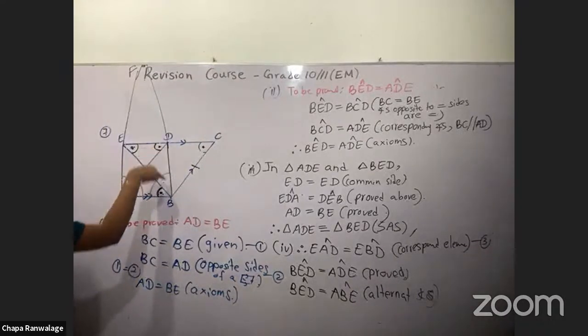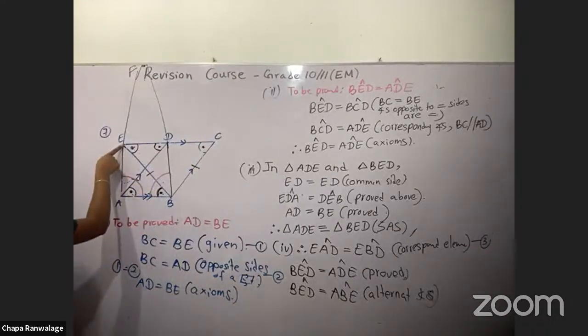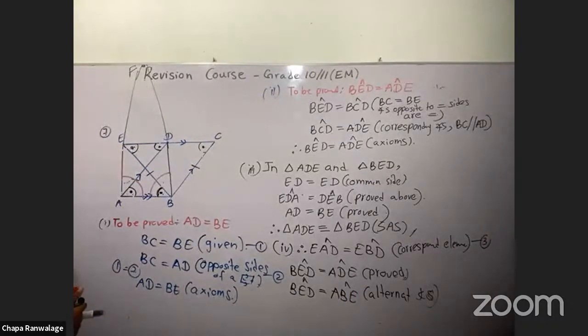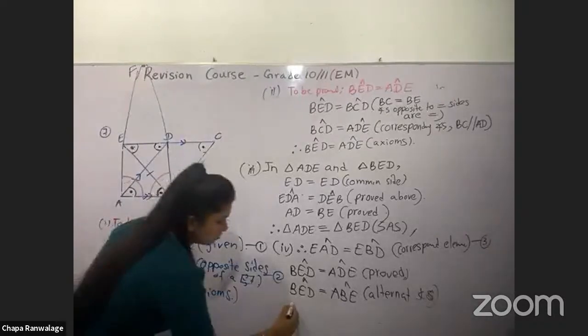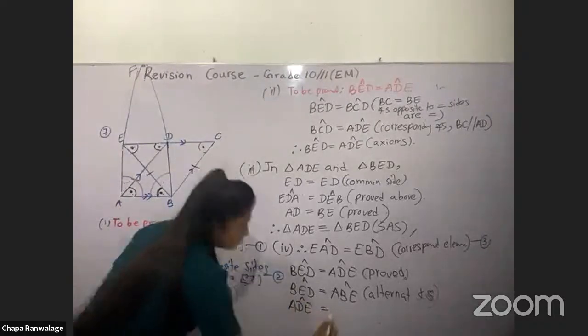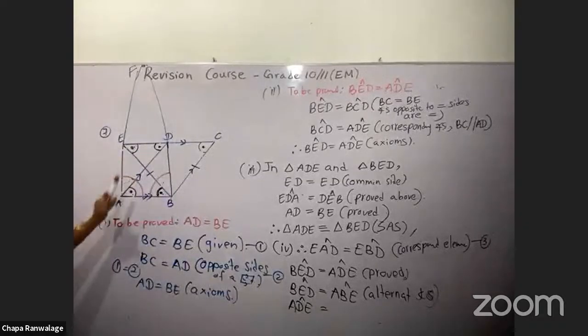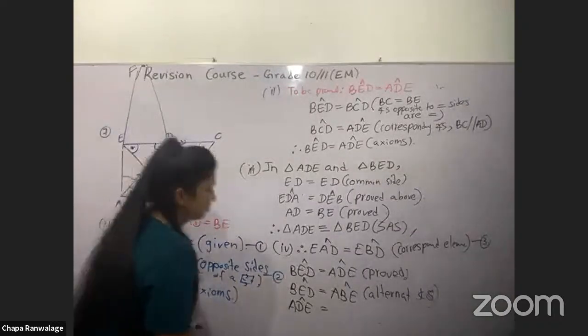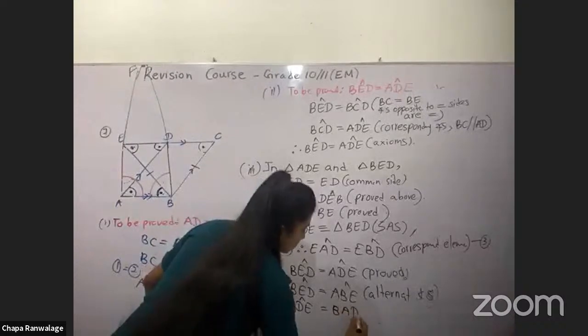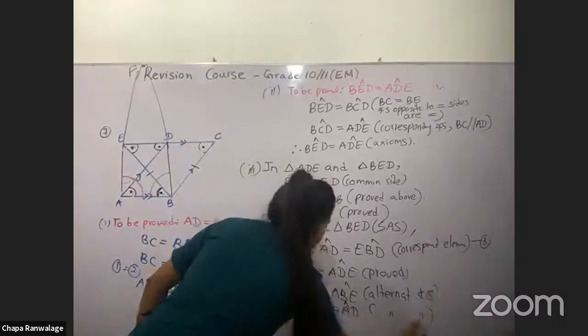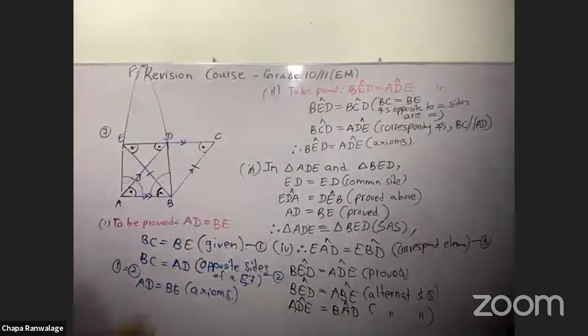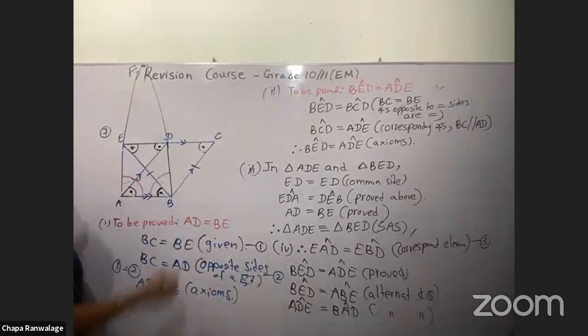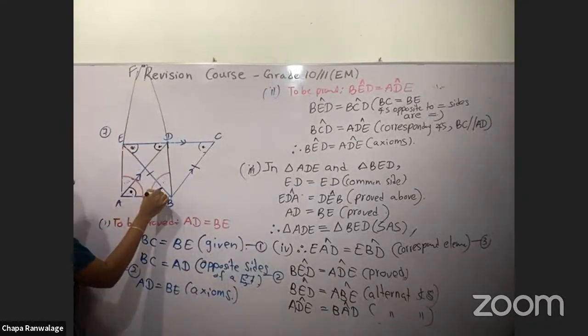BD equals ABE. Next, ADE equals DAB. Again alternate angles.